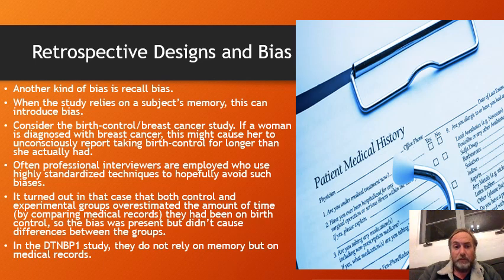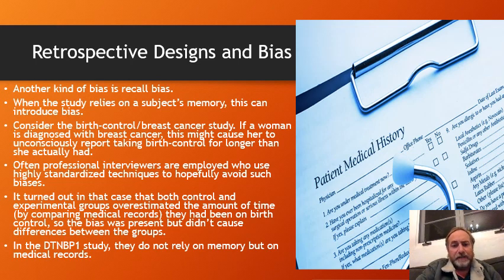The fact that you were diagnosed with breast cancer could unconsciously make you report taking birth control more than you had before, if you suspect that it's a causal factor or it's just somehow salient to you, right? To avoid this sort of bias, you'll get professional interviewers, whose job is to use very standard techniques and avoid those sorts of biases.